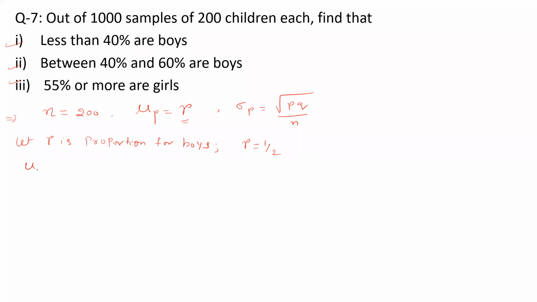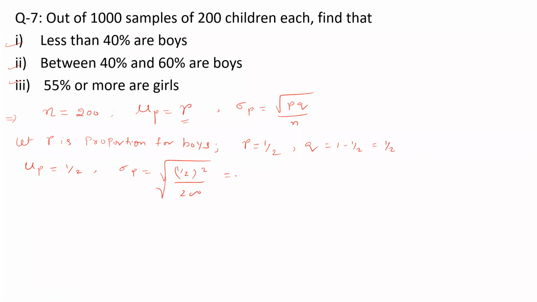So just substitute that in mu p. That is equal to half. If p is half, then q is also 1 minus half, which is equal to 1 by 2. So your sigma p will become square root of (1/2)(1/2) divided by 200, complete square root.